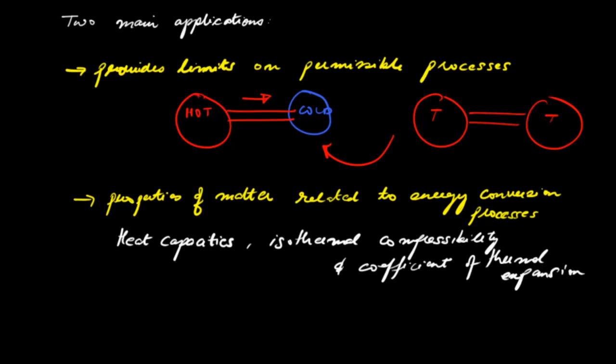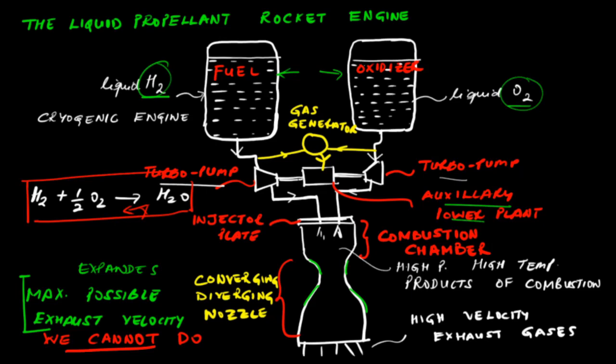For example, going back to the example of the rocket engine, we can ask what are the best fuel and oxidizer combinations which will give me the maximum thrust. Thermodynamics can help us answer that, and we can find answers to questions like why we use hydrogen and oxygen, and why it is one of the best combinations of fuel and oxidizer to get the highest thrust.